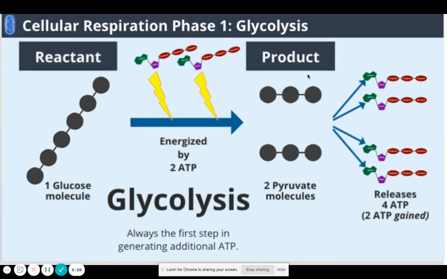Now, anytime we have any chemical process happening, anytime we have a reaction in the body, we need to use energy, of course. Notice that glycolysis requires two ATPs. In other words, it requires a small amount of energy for it to split glucose into two pyruvate molecules.